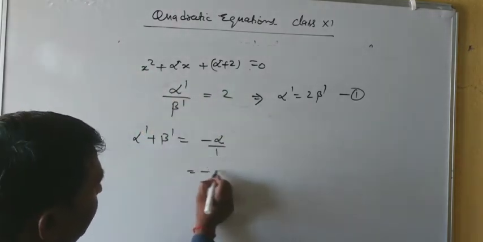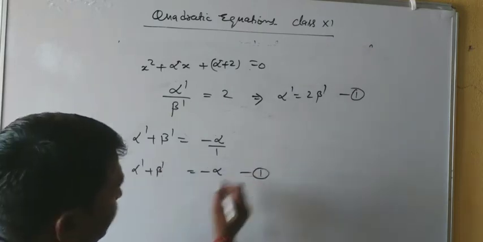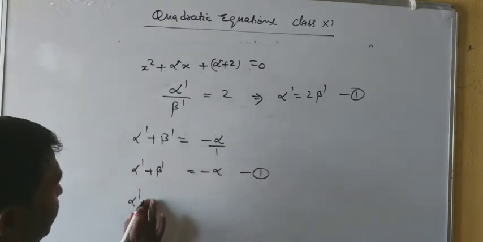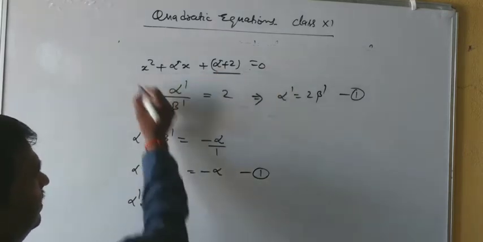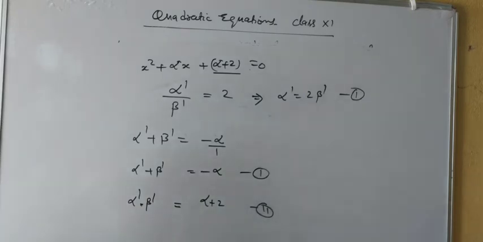So alpha dash plus beta dash is minus alpha, equation number 1. Another, alpha dash into beta dash, the product of roots, will be equal to c by a. This c is alpha plus 2, second equation. Now solving these two equations, we can find the value of alpha.